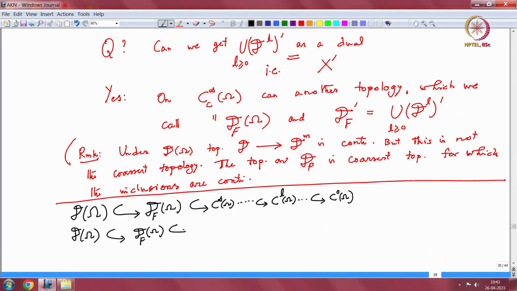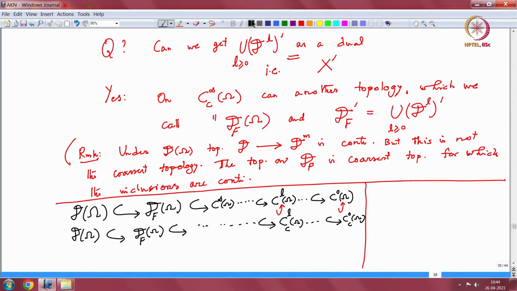If you go like this, you get an inclusion with compact support, contained in omega, and again here you have C_0 of omega. And further you also have this contained in here; all those inclusions you will have. So, you have all the complete inclusions here.